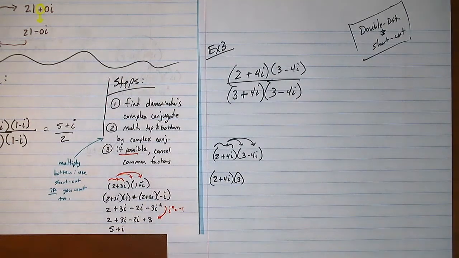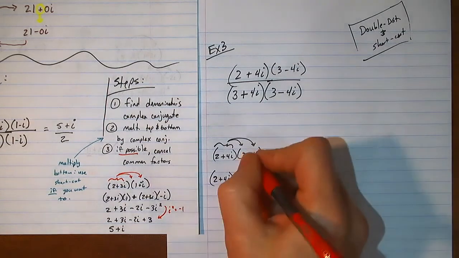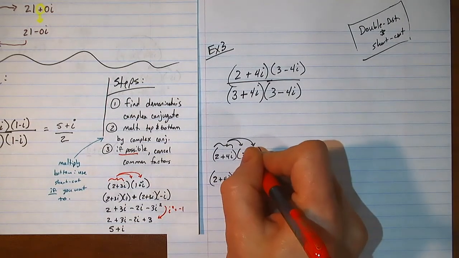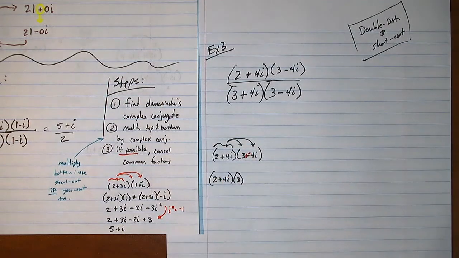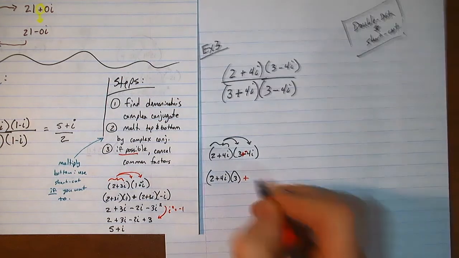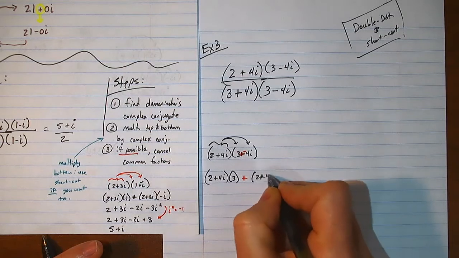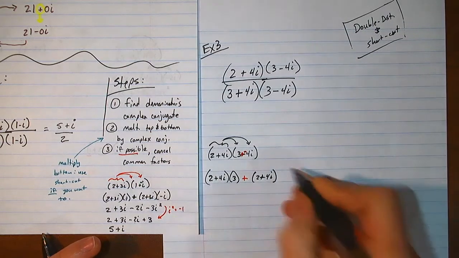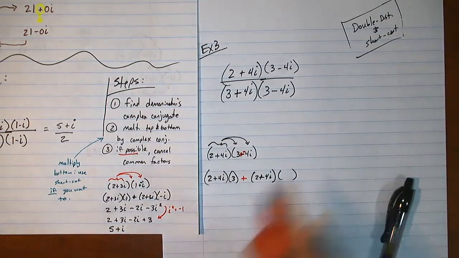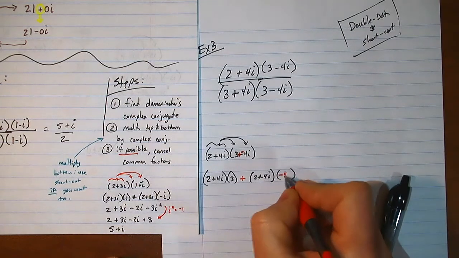So that gives me a 2 plus 4i times a 3. But now we've talked about many times that in that second part, I don't like to distribute to a negative. So I'm going to think of this as being plus -4. So when I distribute that, that lets me put a plus sign in the middle. And then I have the first thing times a -4i.